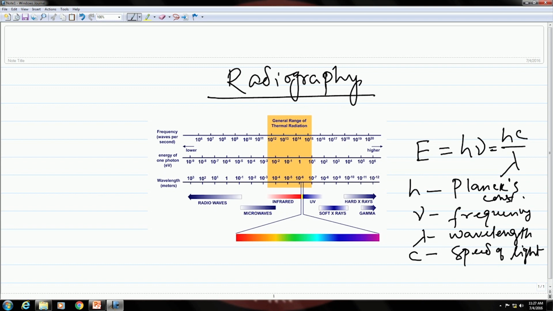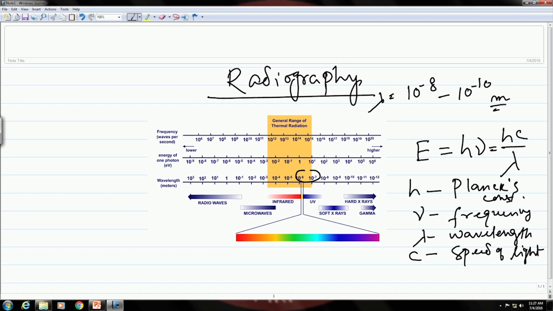And you can see the X-rays towards the extreme end, in the range of 10 to the power minus 8 to 10 to the power minus 10 meter. This is the range of wavelengths for the X-ray radiation, which is much lower compared to visible light, which is in the range of 10 to the power minus 7, around this region.